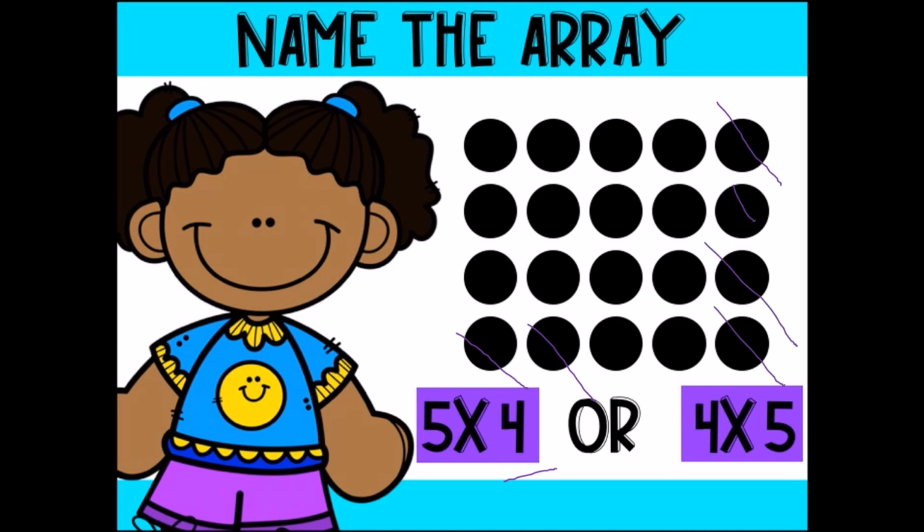If I'm counting this way, I would be counting by fours. 4, 8, 12, 16, 20. Either way, I get that same answer, 20, when I'm using these arrays. Do you see how organizing these dots nicely and evenly helps make counting a lot easier?